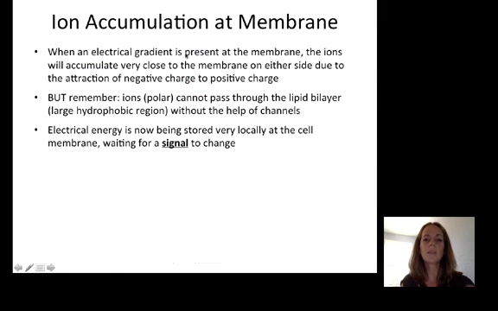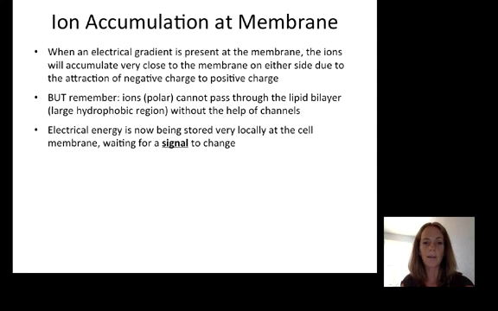So the ion accumulation at the membrane is what creates that membrane potential. When an electrical gradient, fewer positives in that example, is present at the membrane, the ions will accumulate close to the membrane due to the attraction of the negative to positive charges. So we really have an electrical gradient here now.